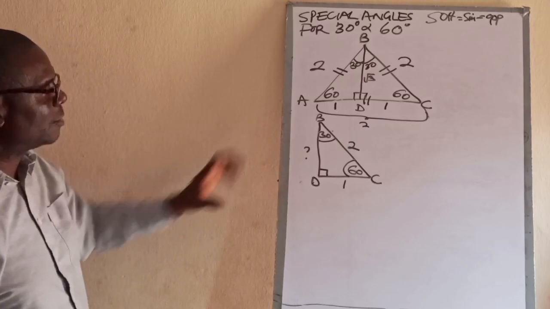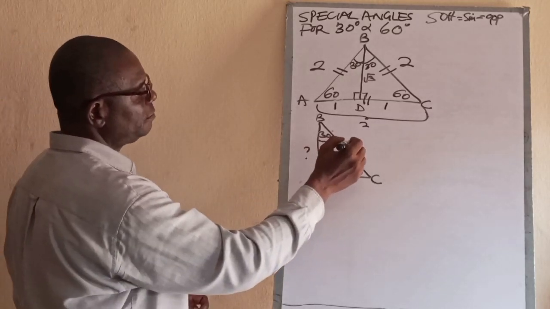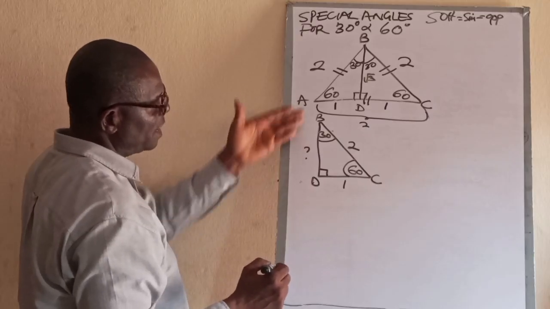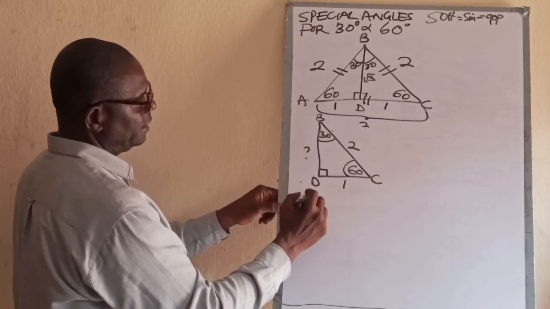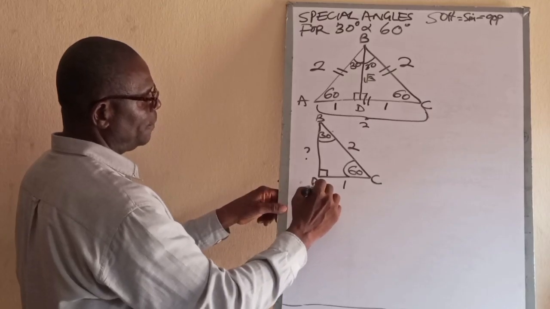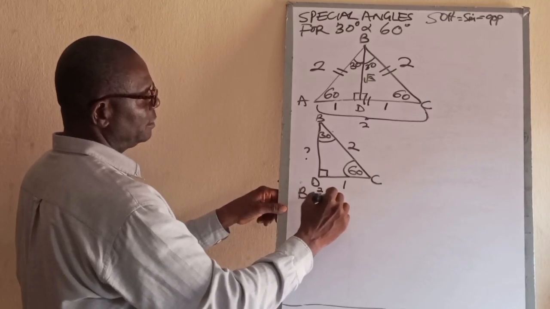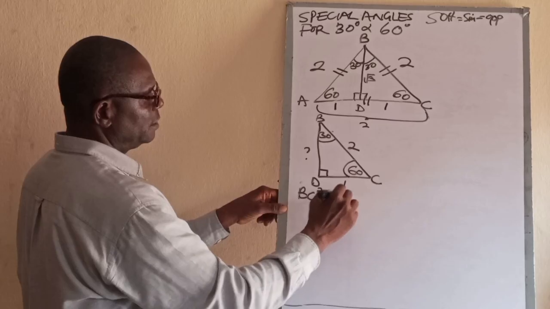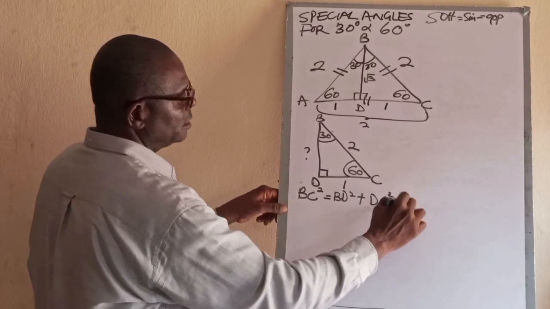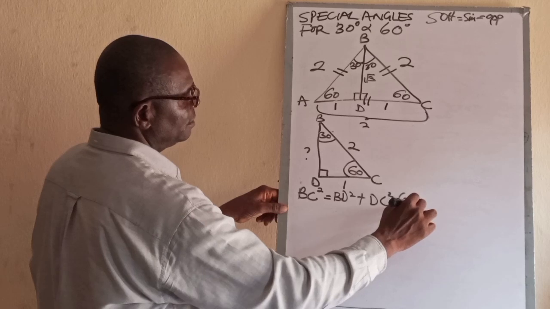It's a right-angled triangle. So by Pythagoras theorem, let's find out the value of BD. According to Pythagoras, BC squared is equal to BD squared plus DC squared.